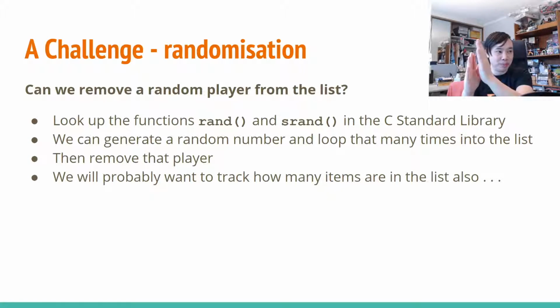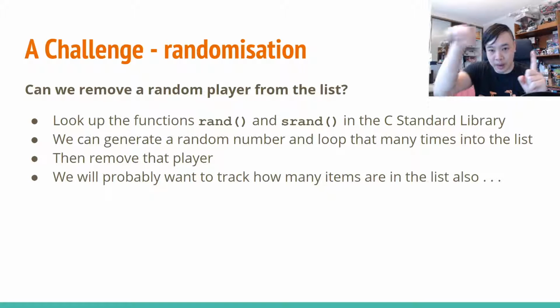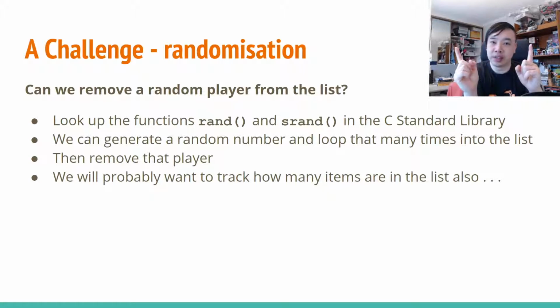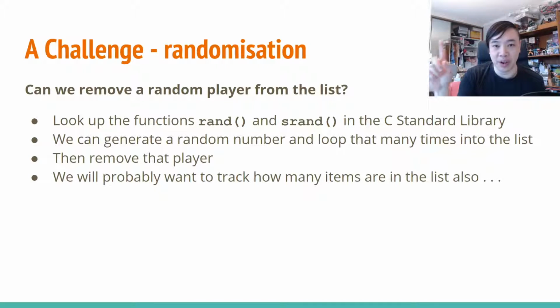We used mod to move a big random number into a number in the list, and then we could loop through our linked list exactly that number of times, pick a person and remove them. So you can try that if you want to. That's a way that we could remove a specific number position in the list. This might actually be useful for the assignment as well. We don't have random in the assignment, but we do have the idea of looping a certain number of times and then doing something.